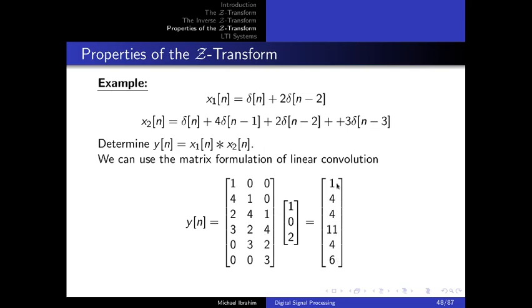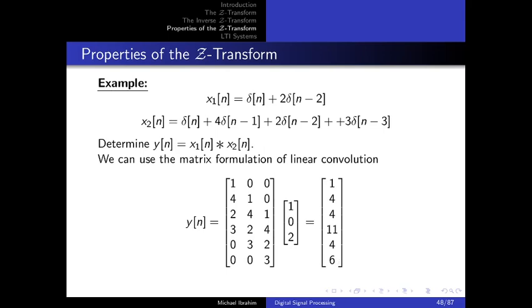This one is happening at time 0, so it's delta of n. This is happening at time n equals 1, so it's 4 delta n minus 1, 4 delta n minus 2, 11 delta n minus 3, 4 delta n minus 4, 6 delta n minus 5. Okay, so now we've done the convolution as usual.